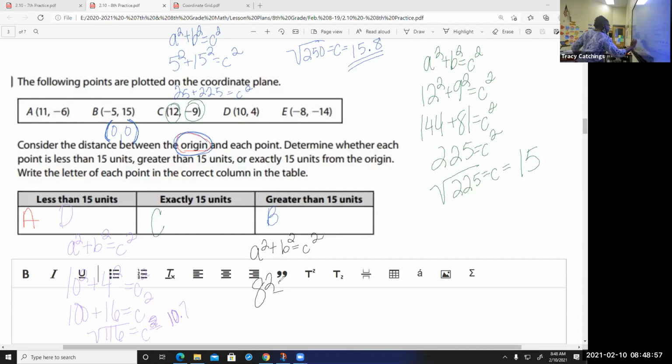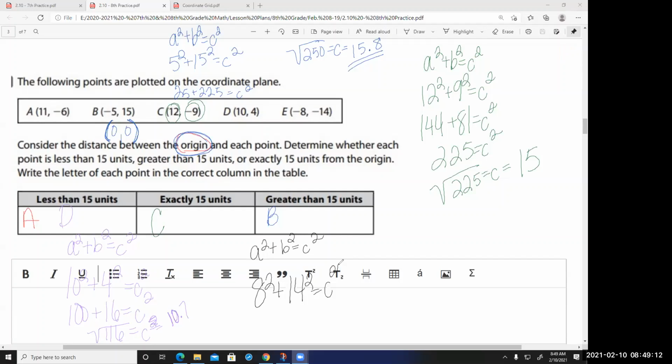All right, so we got 8 squared plus 14 squared equals c squared. 64. 196.